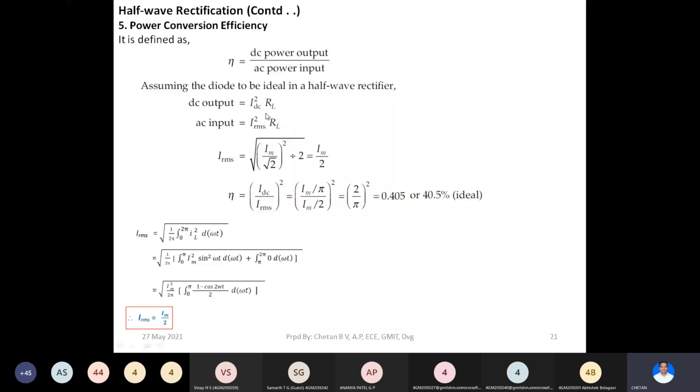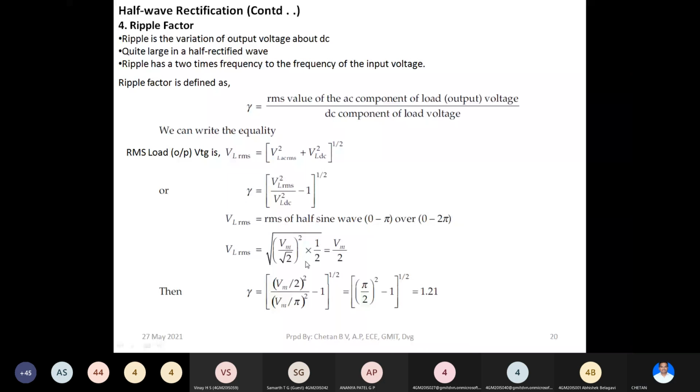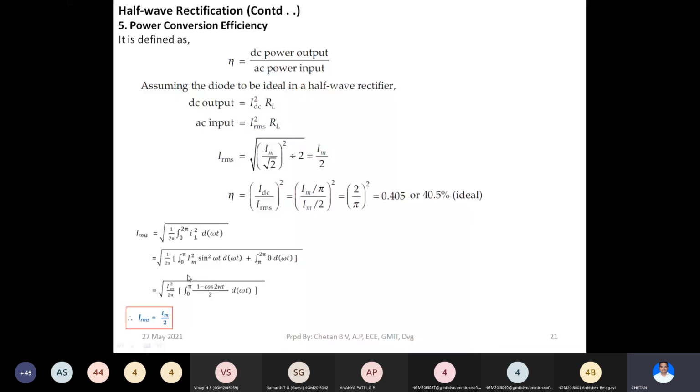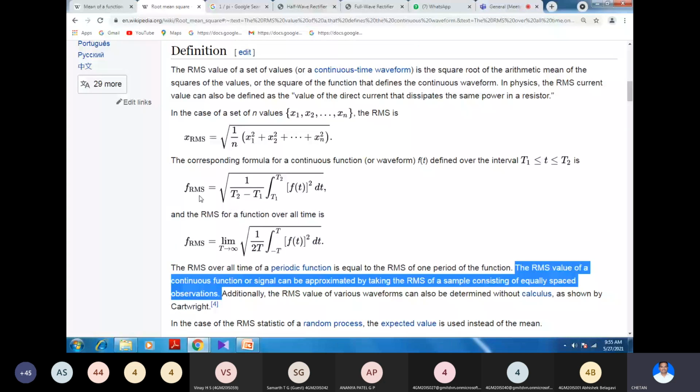So the AC input current IRMS can be approximated in the same way as we did for this using the general equation. You can do it in this way where you get Im by 2, or else you can also follow one more method which is also described in this Wikipedia link, that is here, right? A continuous function's RMS you can obtain by taking the square root of 1 by T2 minus T1.